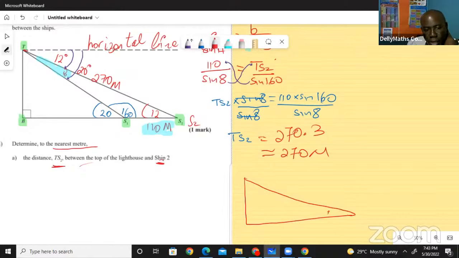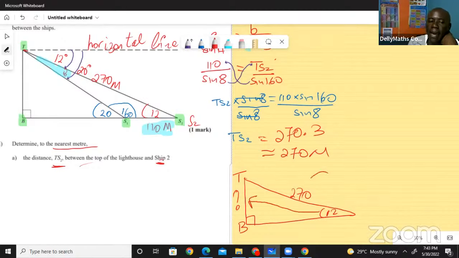There is a 12-degree angle here. There is 270 here. There is 90 here. And this is T and this is B. And the intention is to find TB. So with that said, I would be using the sine ratio because I would want to find the opposite side, but I have the hypotenuse.